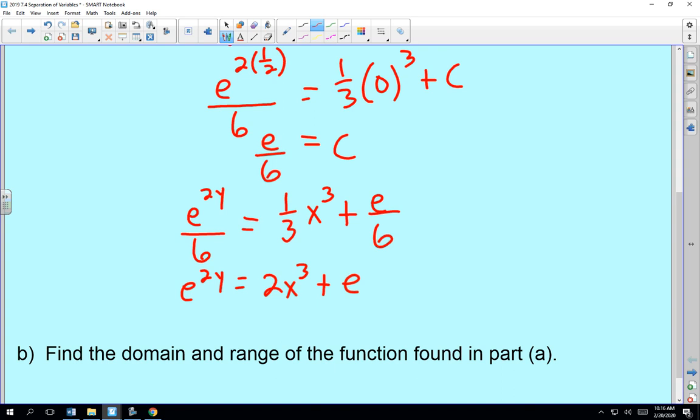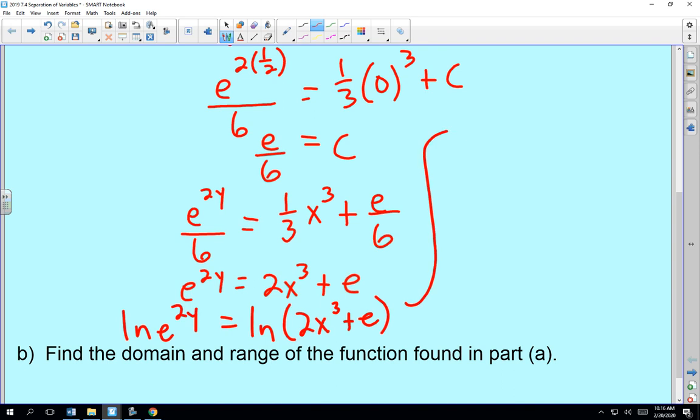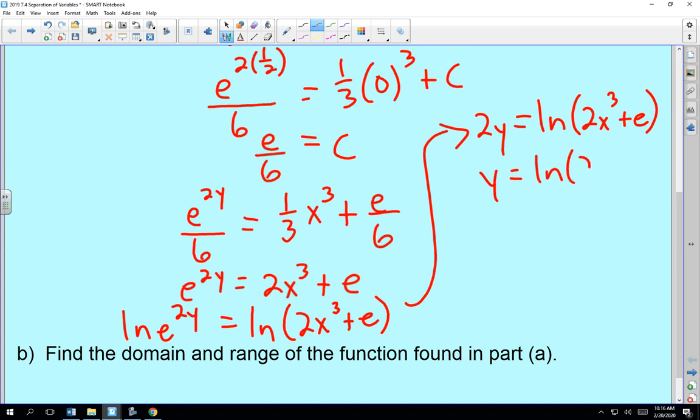So take the ln of each side, ln of e to the 2y, and ln of 2x cubed plus e. And so I end up with 2y equals ln 2x cubed plus e. And then divide by 2. So y equals ln of 2x cubed plus e over 2. So that's my function.